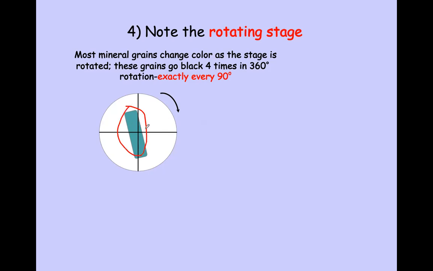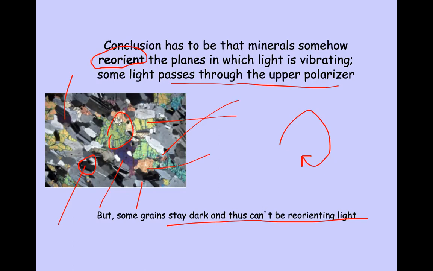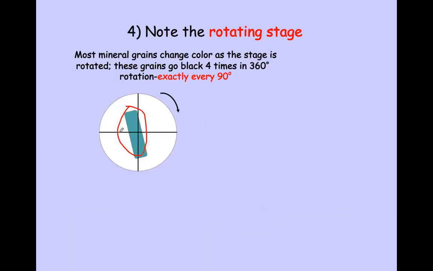It should, for one of the minerals like here, for example this one, say you are not rotating it. So then what happens? Every 90 degrees when you rotate the stage, from this point up to this point, this is 90 degrees.